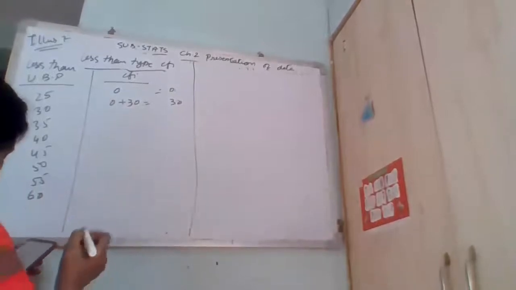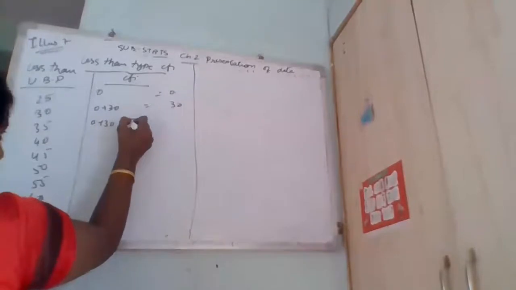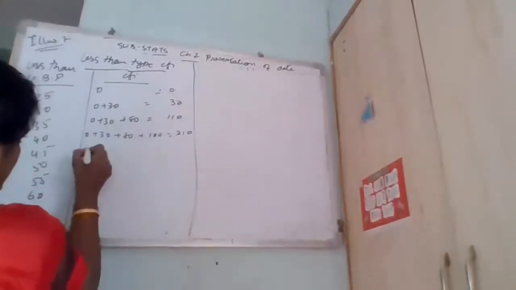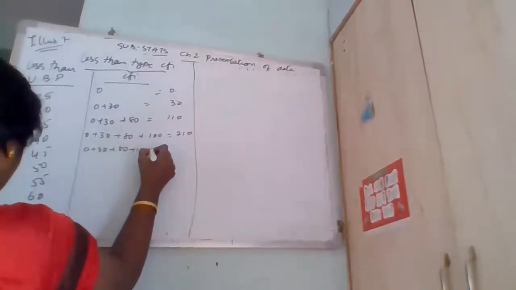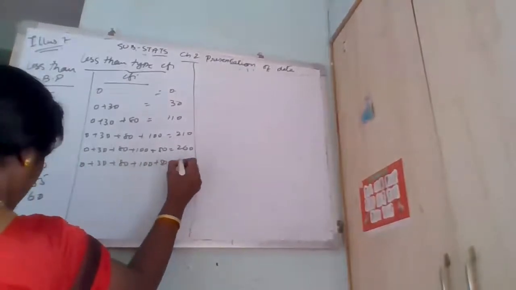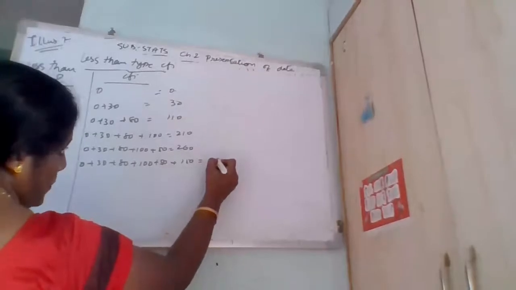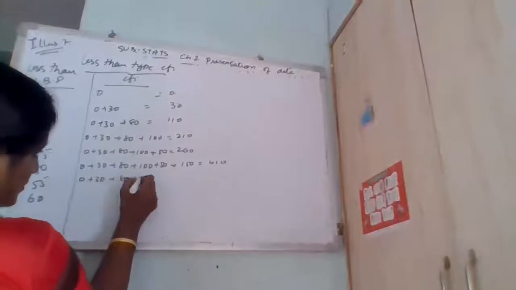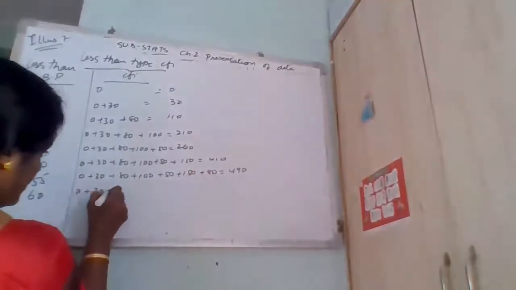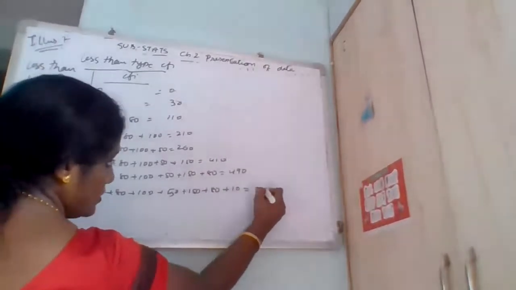Right? Then less than 35, we start from here. 30 plus 80, that comes to 110. 80 plus 100, 210. 100 plus 50, 260. 50 plus 150, that comes to 410, 490, that comes to 500.